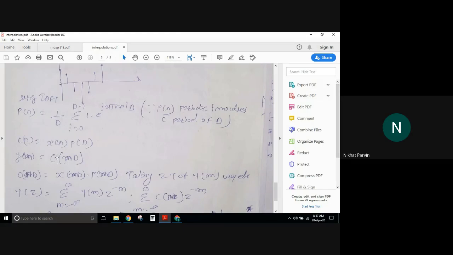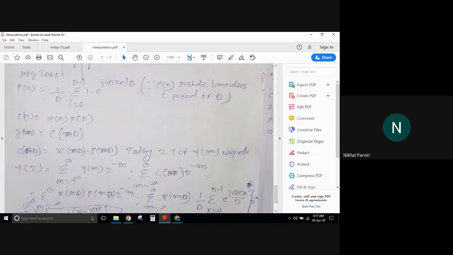Now when you apply the Z transform on this y of m, y of z equals summation over m from minus infinity to infinity of y of m z power minus m. Now what is y of m? Y of m is c of md, into z power minus m. And c of md is nothing but x of md into p of md.